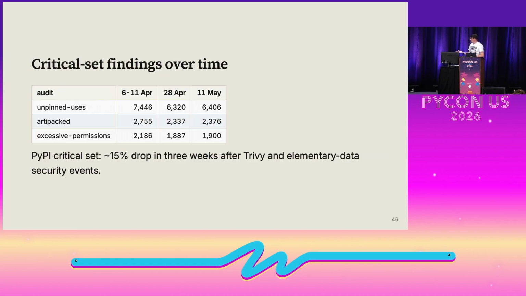So I remined a lot of these packages, especially the critical ones, the top 1% of packages. We saw about a 15% drop in the usage of some of the dangerous features of GitHub Actions. But interestingly, when I scanned them again in May, we went up a little bit. And I don't think that is those packages reversing, but instead that there are new packages adopting some of these things that would otherwise have been more secure beforehand.